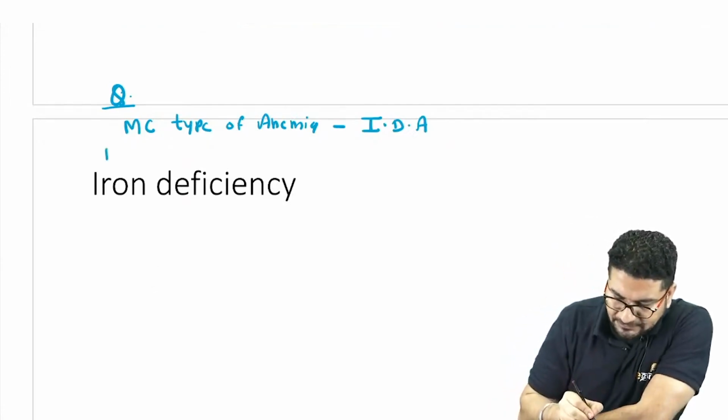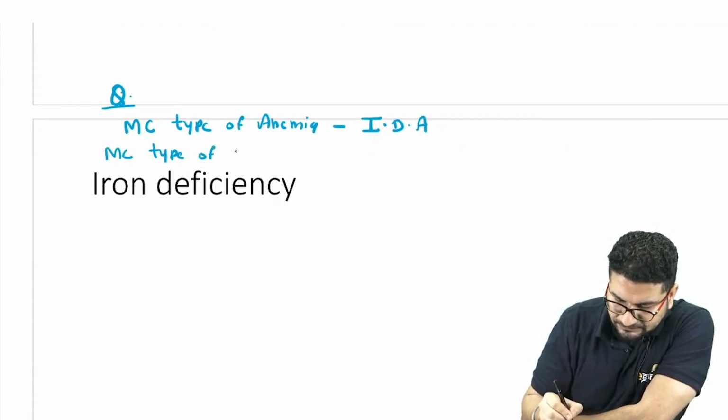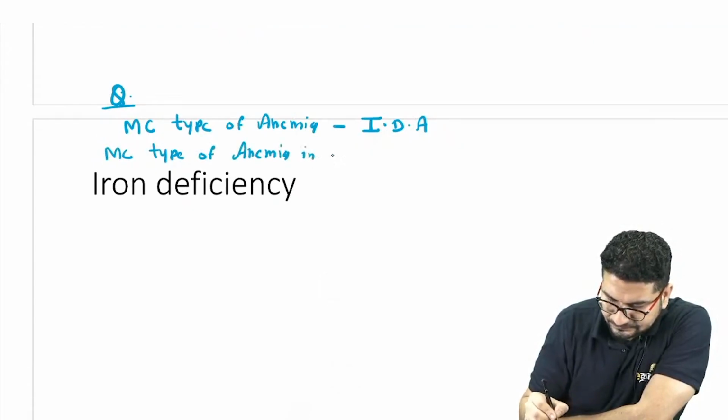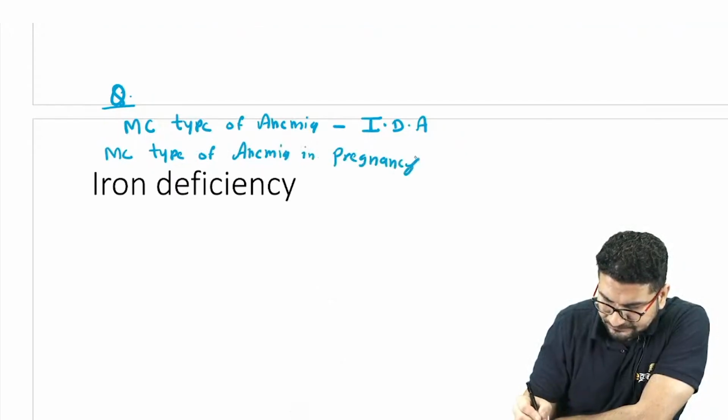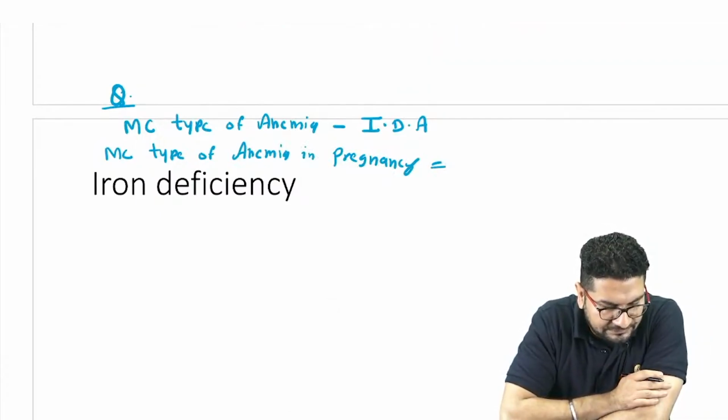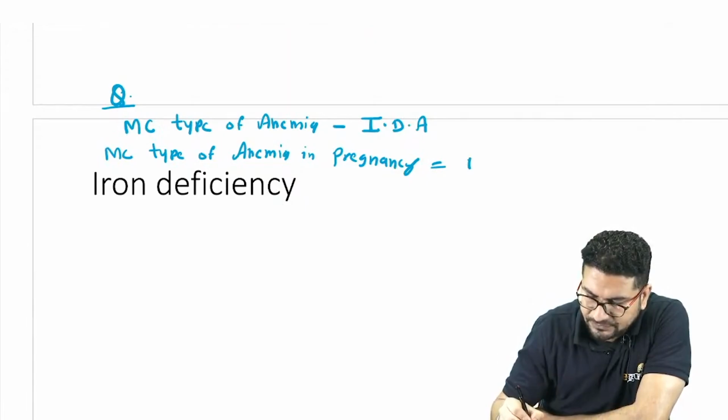Okay, if I ask you another question, the most common type of anemia in pregnancy. Guys, what will be your answer? Tell me your answer. Which is more common in pregnancy? The answer for this question is dimorphic anemia.